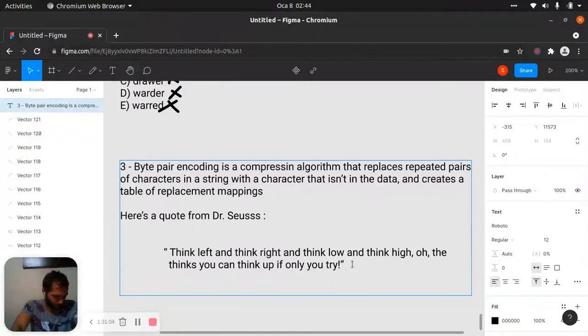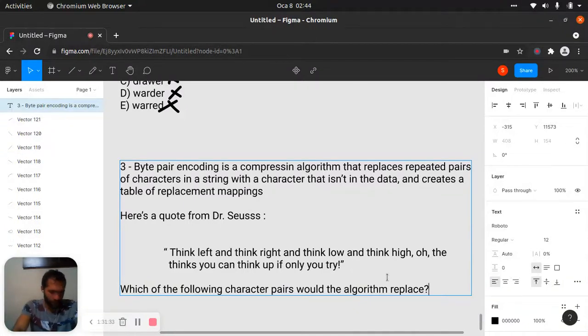Let's calm down and say: which of the following character pairs would the algorithm replace? Okay, let's come down.